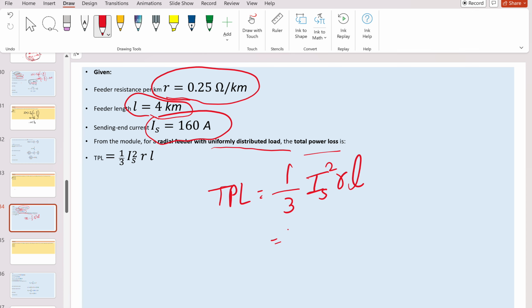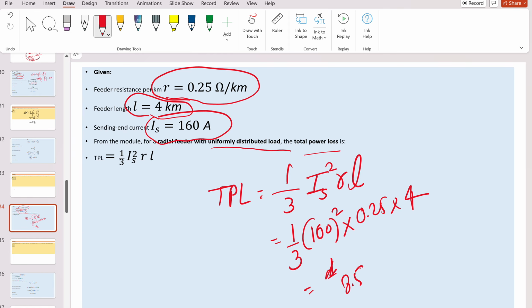So it will be equal to 1 by 3 Is square, Is square means 160 squared, and then rl is 0.25 multiplied by length 4. So 160 squared multiplied by 0.25 multiplied by 4 divided by 3 comes out to be 8.53 kilowatt.